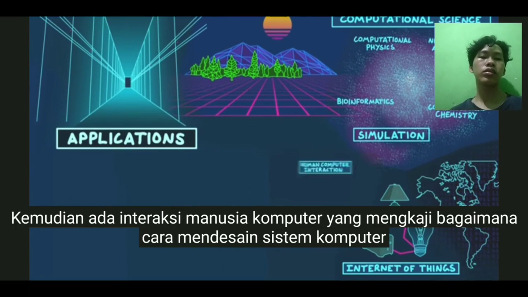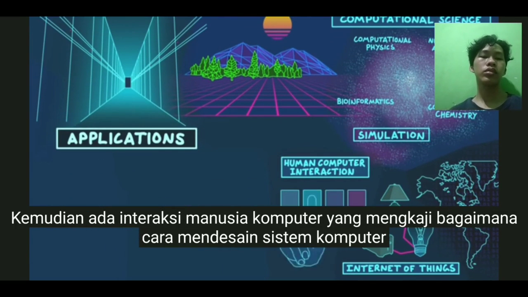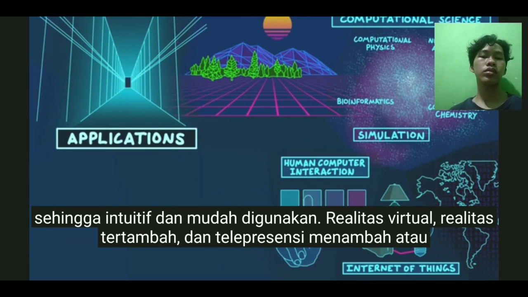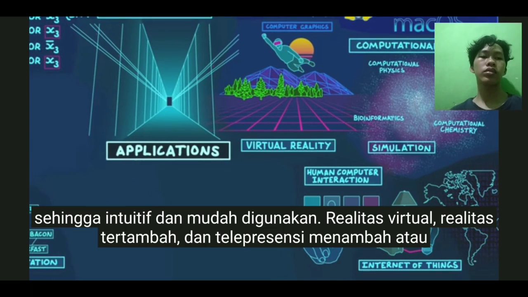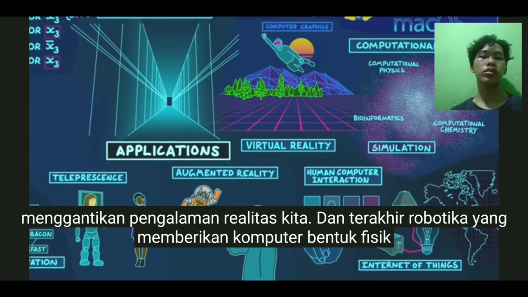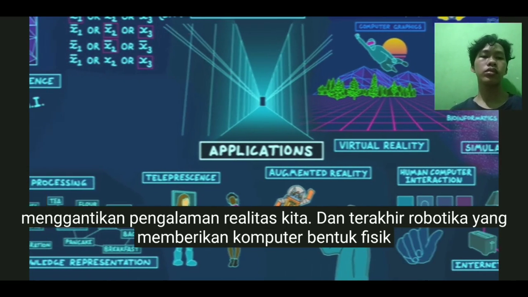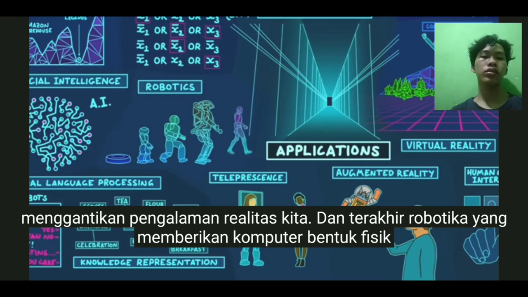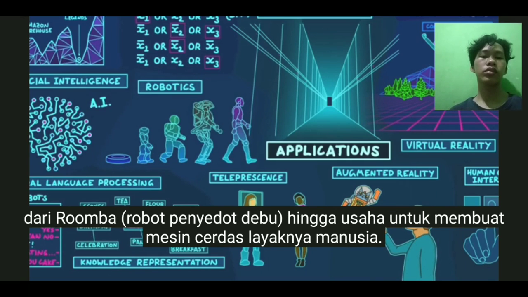Then there is human-computer interaction, which looks at how to design computer systems to be easy and intuitive to use, virtual reality, augmented reality, and telepresence, enhancing or replacing our experience of reality. And finally, robotics, which gives computers a physical embodiment, from a Roomba to trying to make intelligent human-like machines.